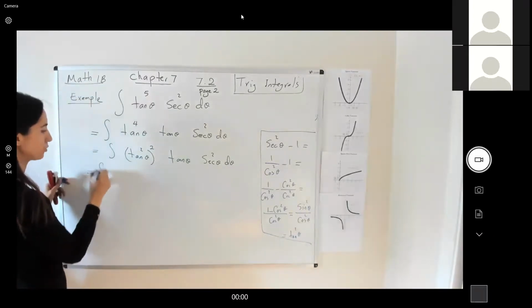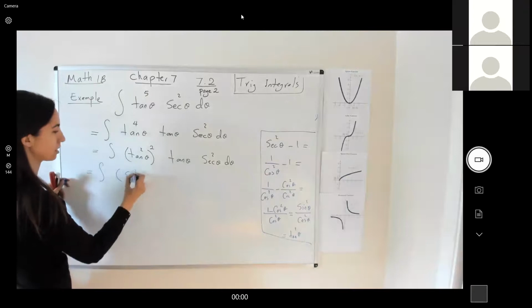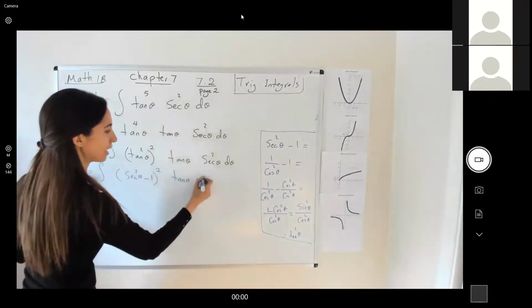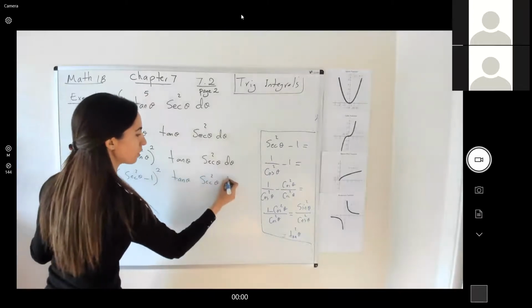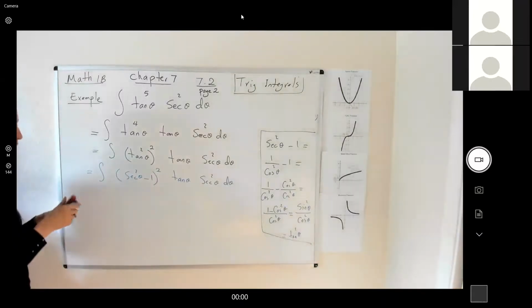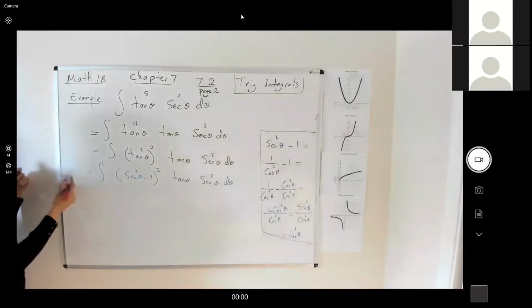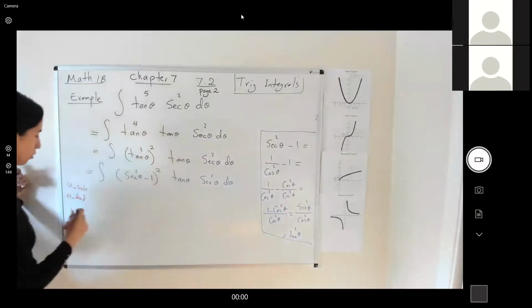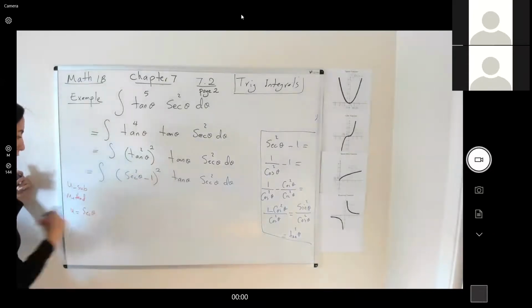So this is equal to the integral of secant squared minus 1 to the second times tangent times secant squared theta d theta. So now let's take u. I'm using the u sub method. Let u be equal to secant theta.